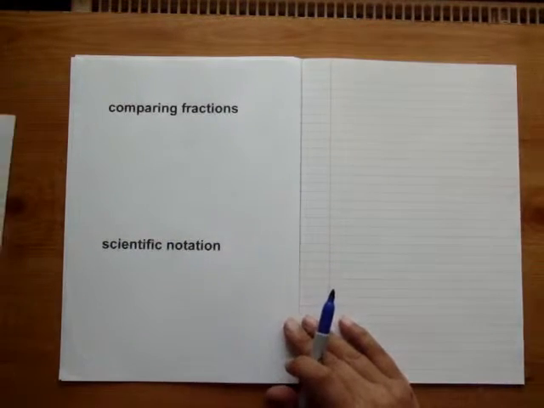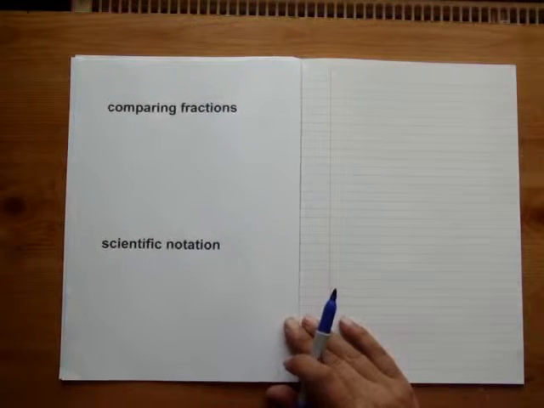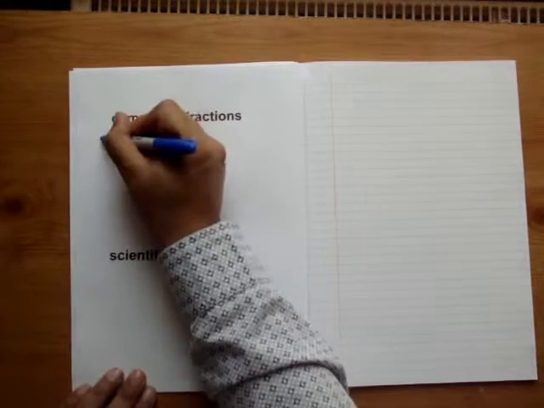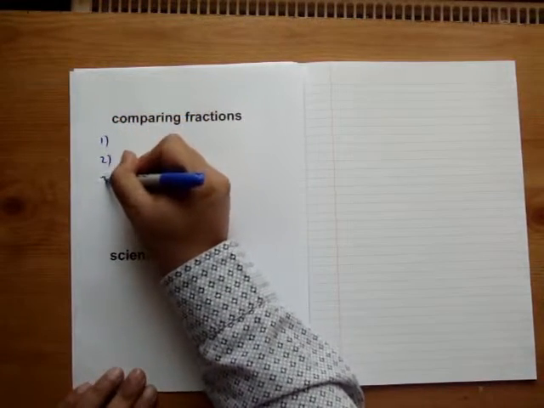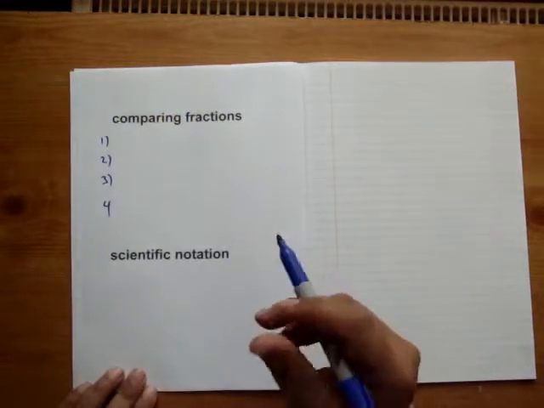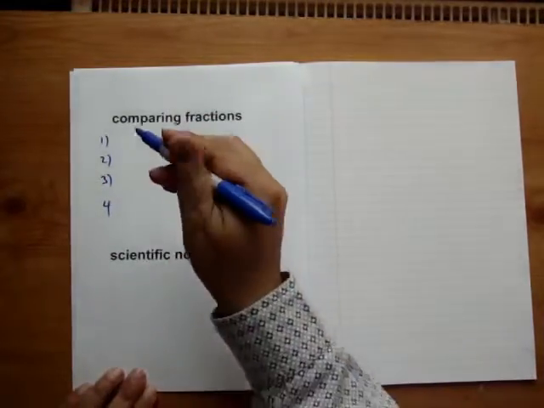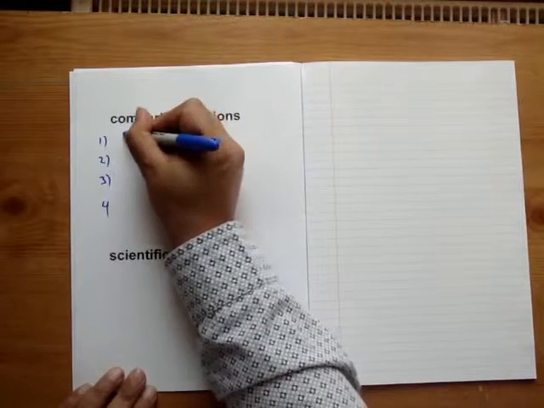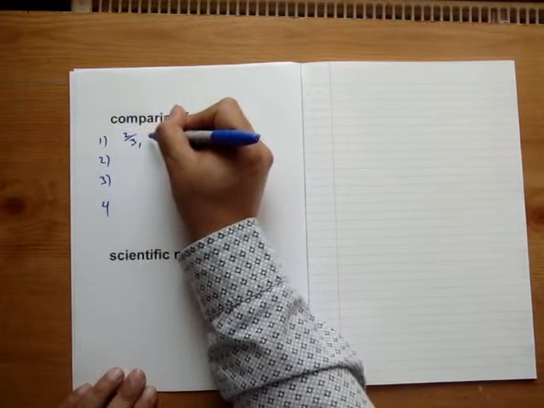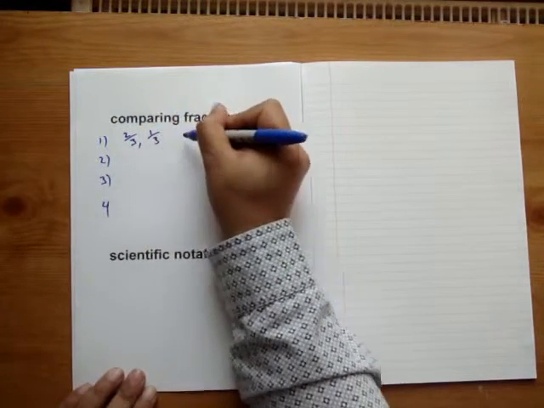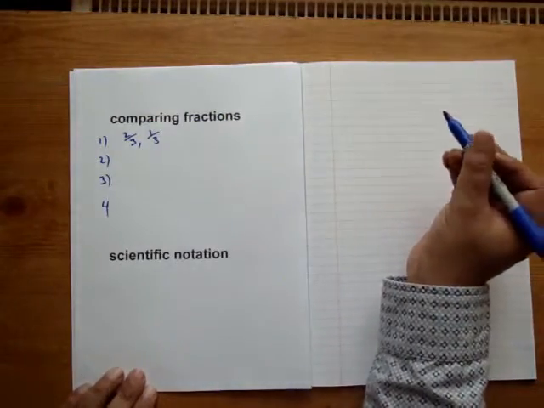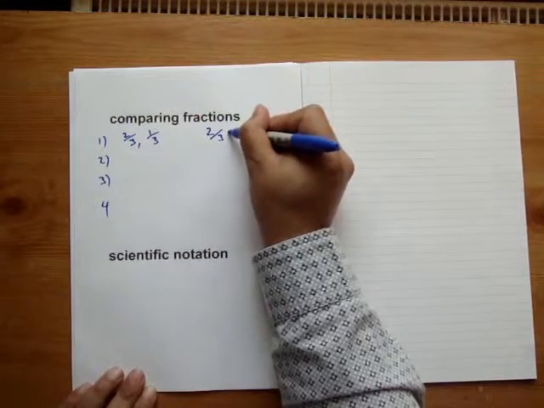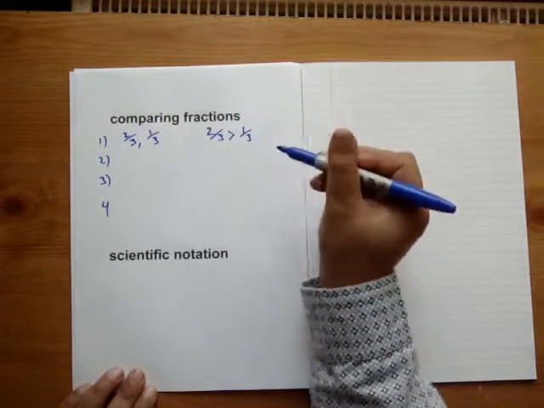Quite often in exam questions we're asked to compare fractions, and there are 4 ways that we can compare fractions. The first way is if we're given them and the denominators are the same, say 2/3 and 1/3, we can compare them directly. So obviously 2/3 is greater than 1/3.